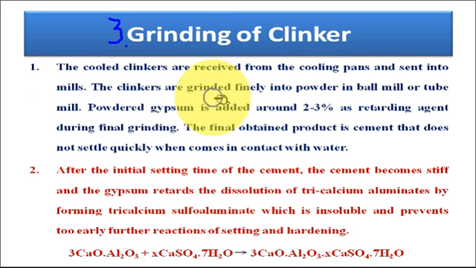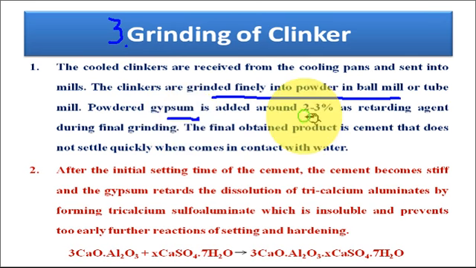These clinkers are finally ground into powder in ball mills or tube mills, and while grinding the clinker, gypsum is added. Around 2 to 3% gypsum is added to the clinker during the grinding process.